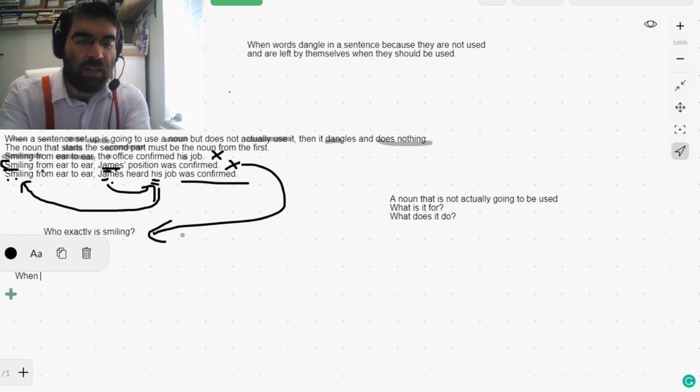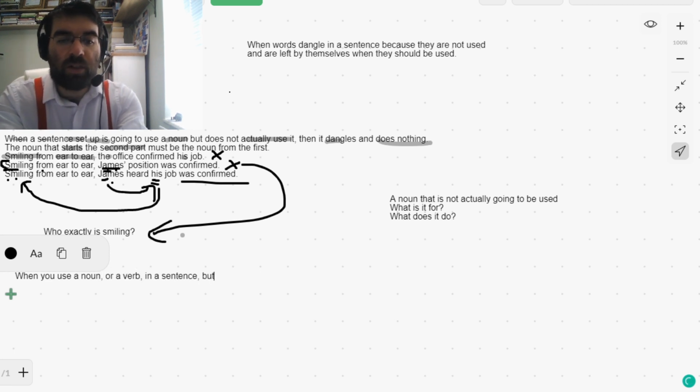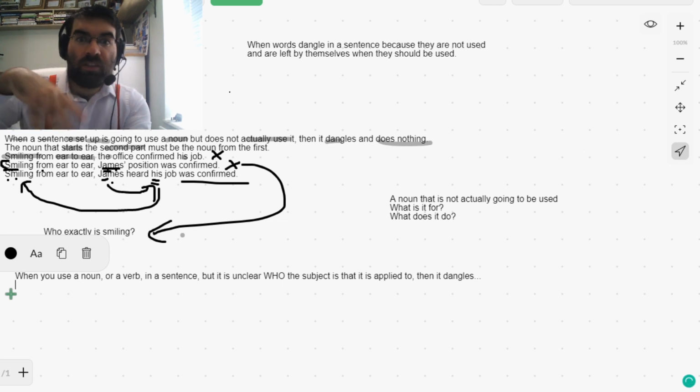See, when you use a noun or a verb in a sentence, but it is unclear who the subject is that it is applied to, then it dangles. What is it doing? Just dangling, then it is idle.